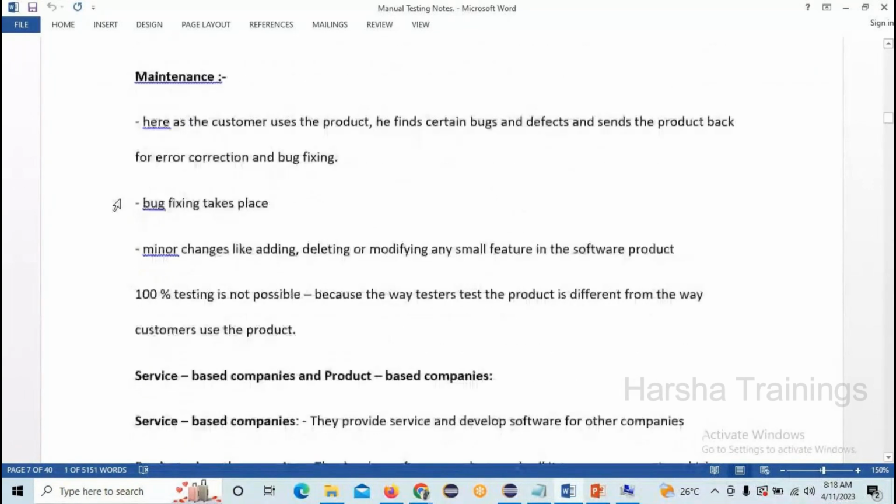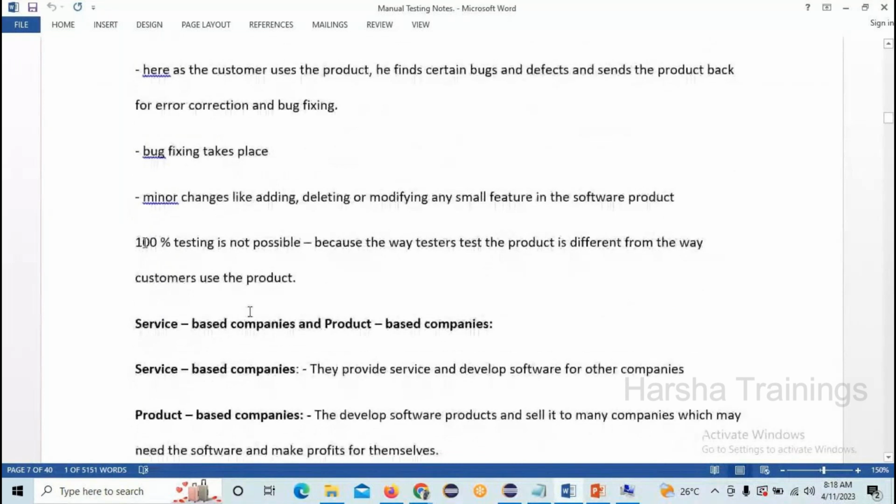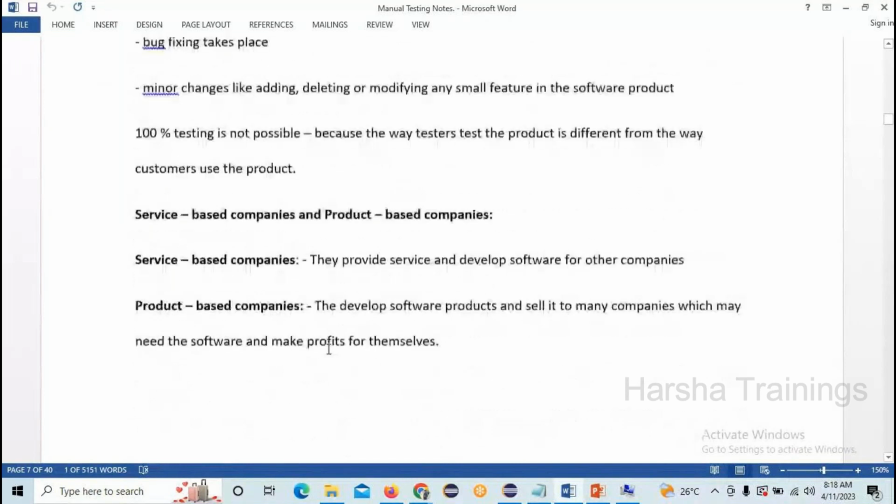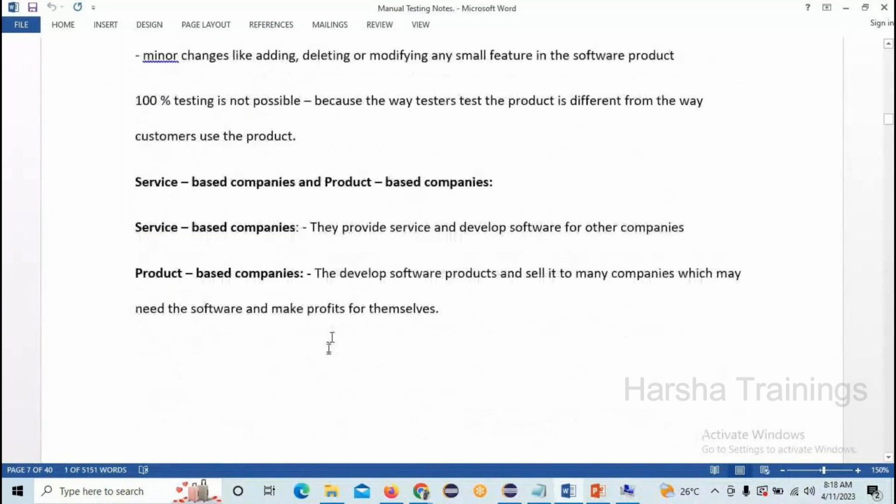Okay, and what's the difference between service based and product based companies? Nothing more to discuss here. Yesterday we discussed project versus product, right? The companies which work based on projects are called service based companies. The companies which build products themselves and sell them to multiple customers are called product based companies.